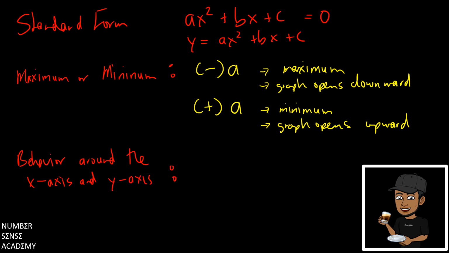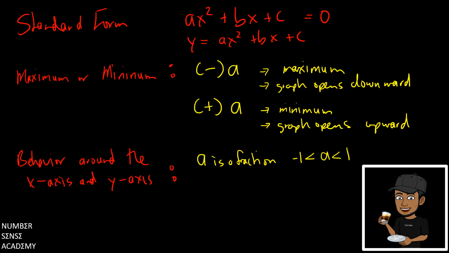What do I mean? So if A is a fraction, that means it's a number between -1 and 1, right? So all fractions sit between -1 and 1.